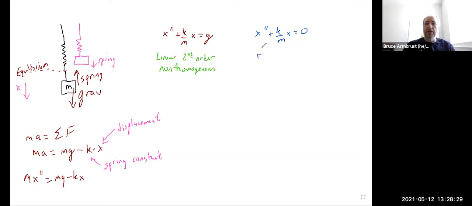We make the polynomial. It's going to be r squared plus k over m equals 0. There is no x single prime, so there's no r term. So this actually is really fast. We get r is equal to plus or minus the square root of negative k over m.